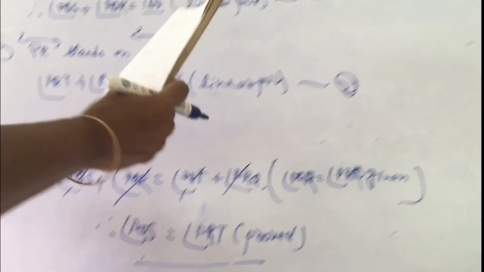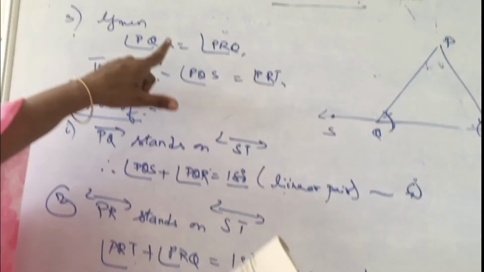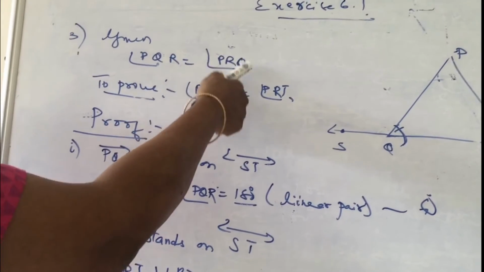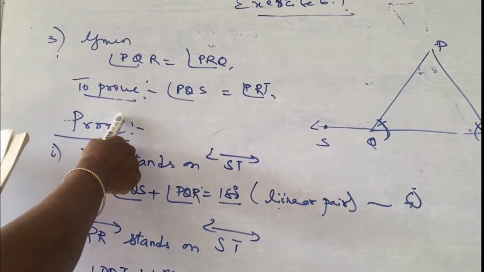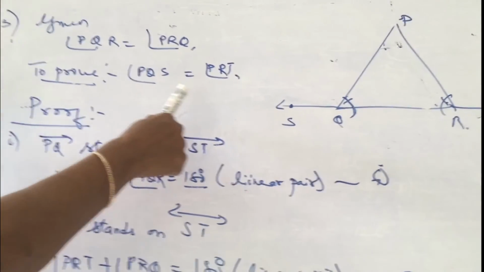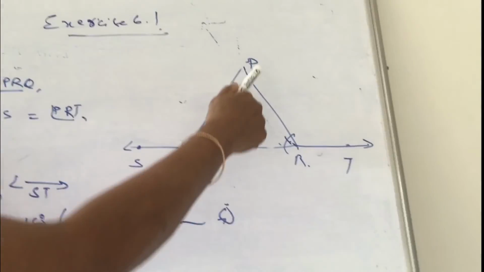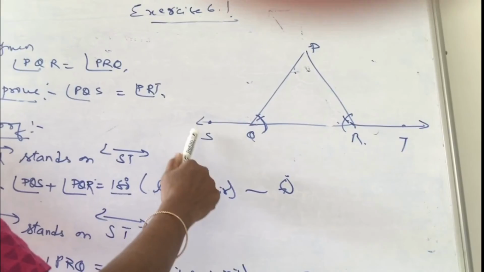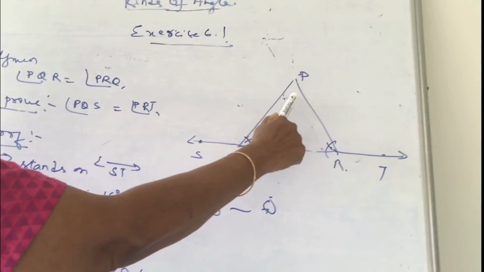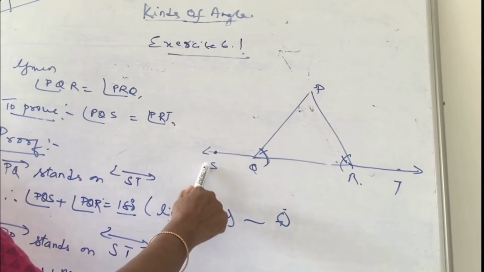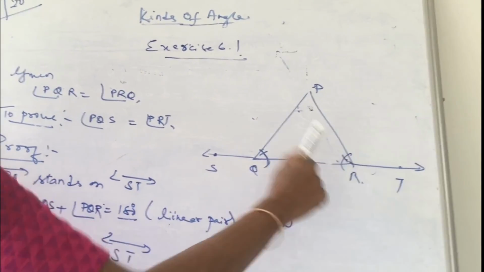Yes, children, look on the board. Angle PQR is equal to angle PRQ. What to prove? Angle PQS is equal to angle PRT. PQ stands on line ST. Two angles that form a linear pair. Angle PQS plus angle PQR is equal to 180 degrees.